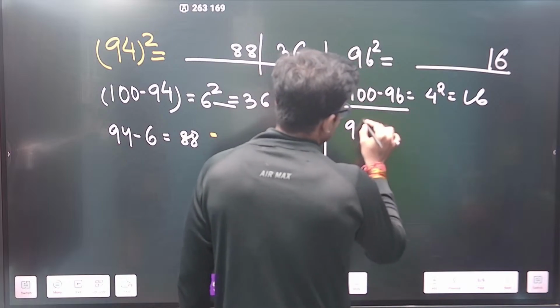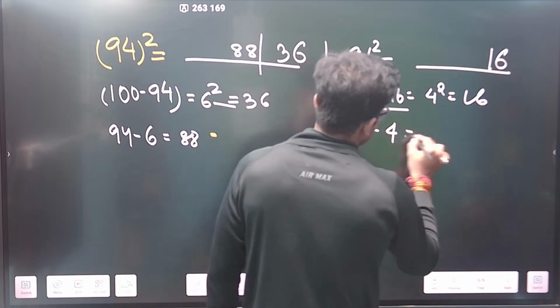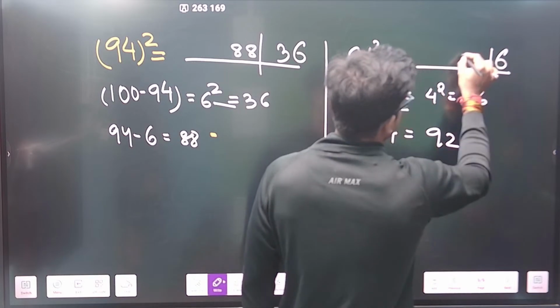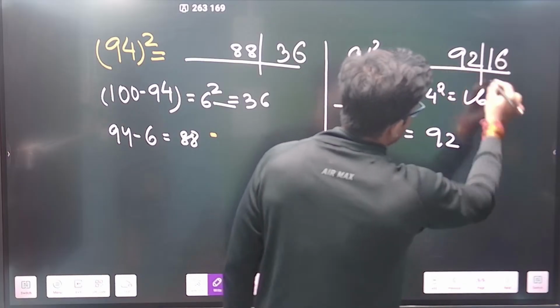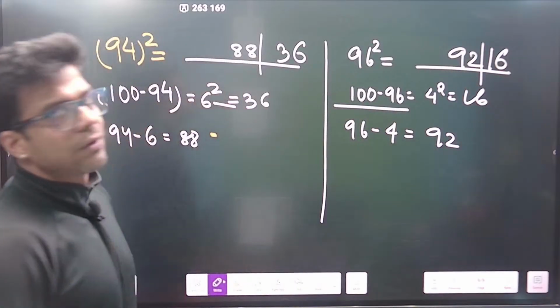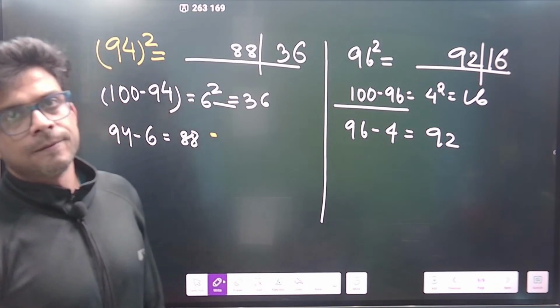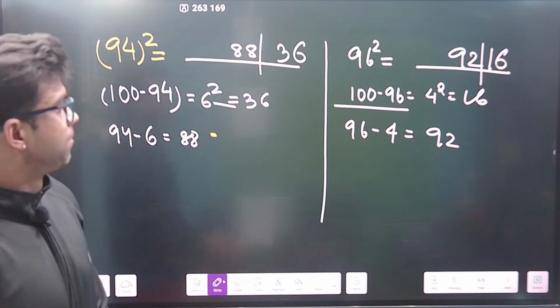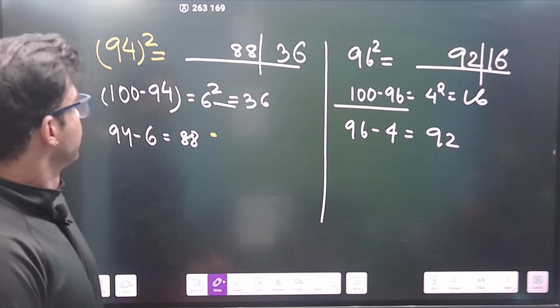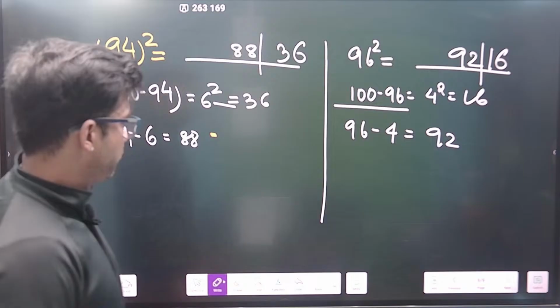Now 96 minus 4 is 92. So write down 92 over here. So 9216 is the answer. I hope you understood.